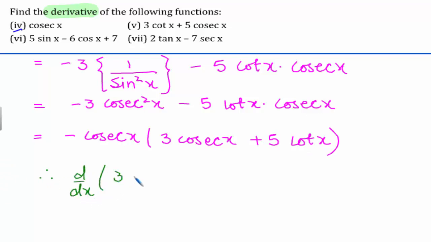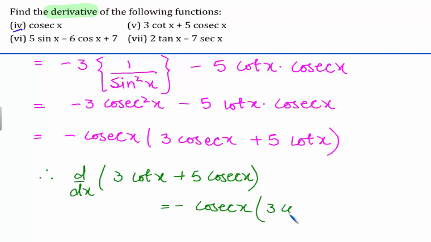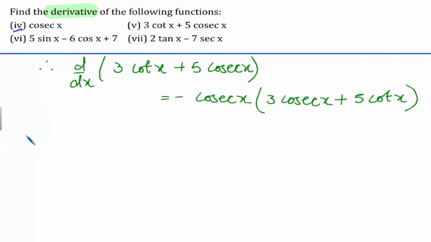Now let us move on to the sixth part. In the sixth part, again we have to find the derivative. So let us define the function by g(x). So g(x) is 5 sin x minus 6 cos x plus 7, and we have to find g dash x, that is the derivative of the given function with respect to x.